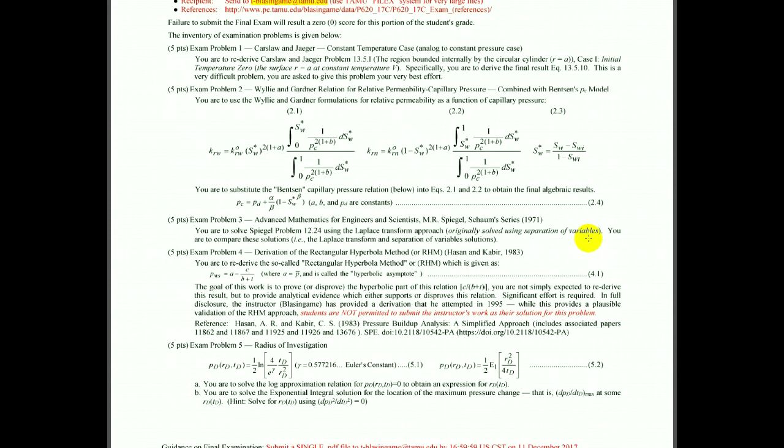If you stare at the rectangular hyperbola long enough, what does it look like? Not Horner. Who's the other guy that did build up equations? Before them? Yes. So what does the term C over B plus T look like?